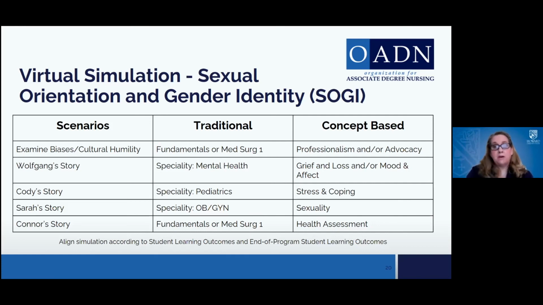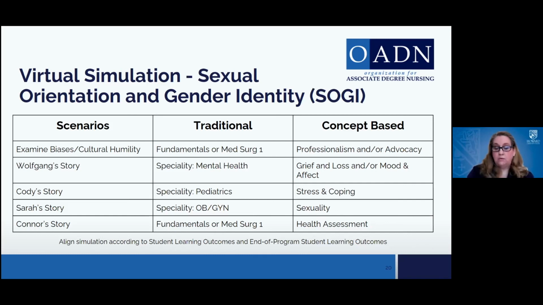So that would have to be a conversation with the faculty as to where you want to place the beginning steps. Then using Wolfgang's simulation story, it could either go into grief and loss, or it could go into mood and affect. And in my current program, grief and loss is in 3 different semesters, and mood and affect is in the 3rd semester only.